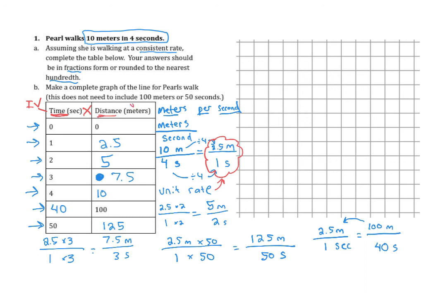Distance is our y, which is our dependent variable. So as you make your graph, you have your y-axis and you have your x-axis. There's your x, there's your y. We're going to have this one be time and this one be distance.